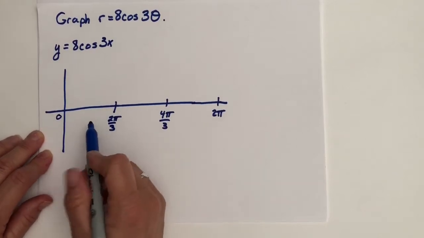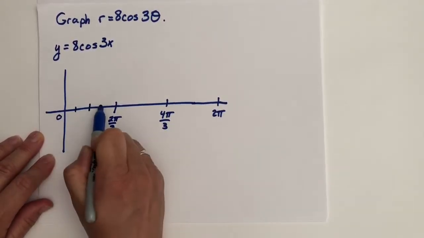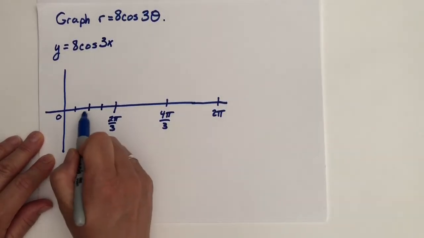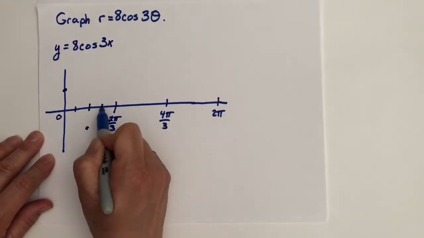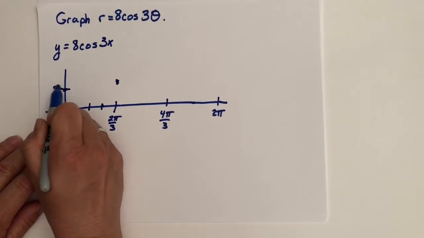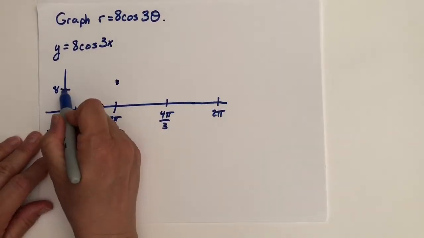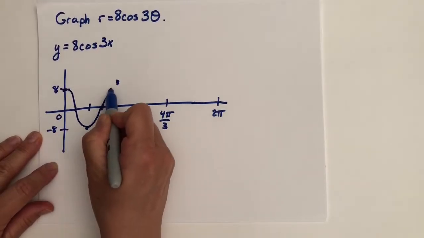So let me graph these. Let me cut it up into quarters. Here's my cosine graph. Starts up here, comes down, and back up. An amplitude of 8. It's good practice for graphing your rectangular graph. So it comes down and comes back up.